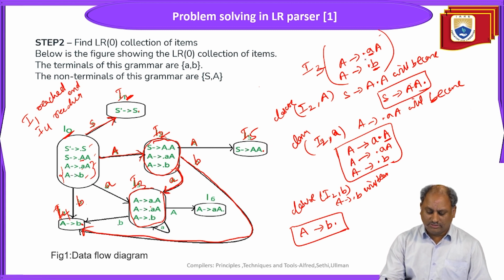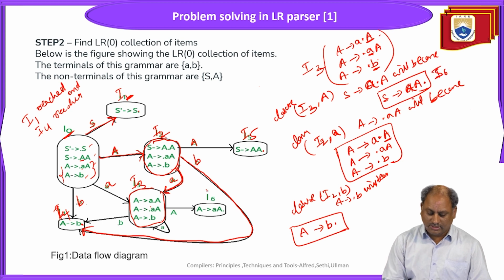And I3 contains A derives small a dot capital A. Now if we perform I3 with capital A, A derives small a capital A dot, so this state is I6.